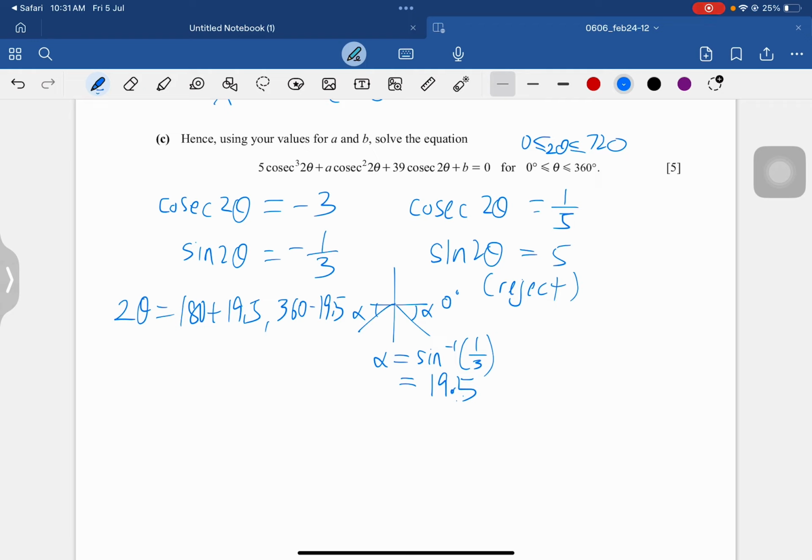Since we already figured out the first cycle, here we just plus 360. 360 plus 180 will be 540 plus 19.5. 360 plus 360 is 720 minus 19.5. So we should expect 4 answers here.